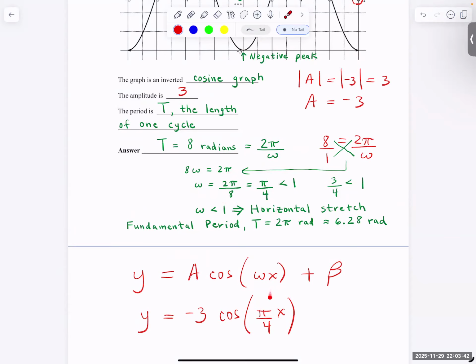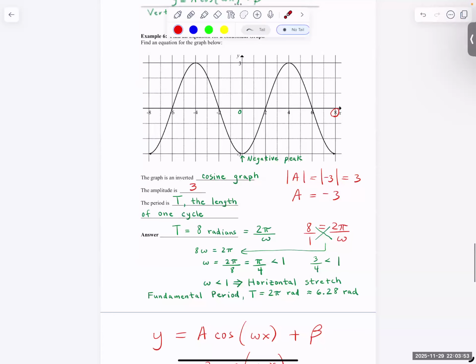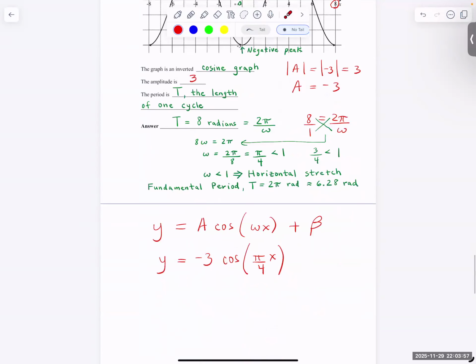So we substitute pi over 4 for omega. And there is no vertical shift up or down from the center line or midline. The graph fluctuates with respect to the x-axis with no vertical shifting, so beta is 0, and we don't have to show plus 0. Can leave that out.